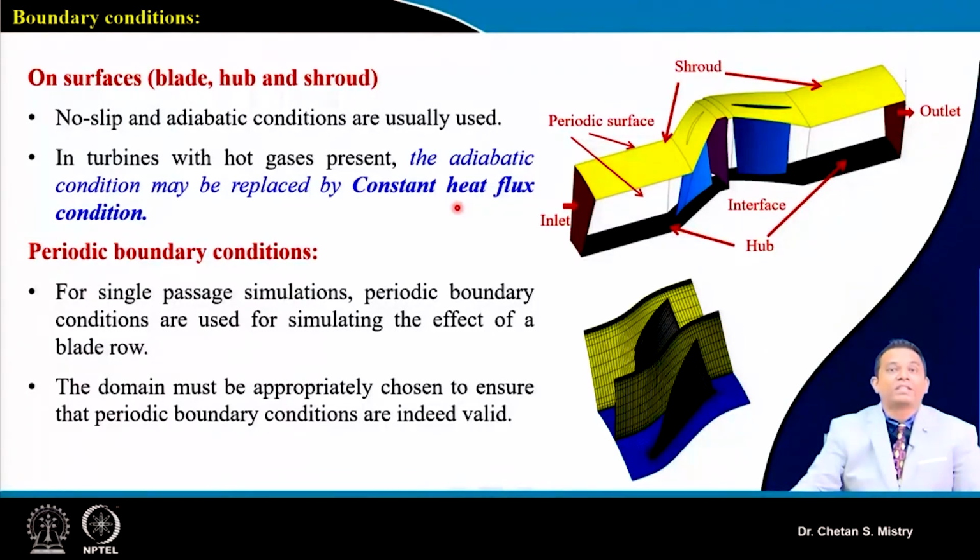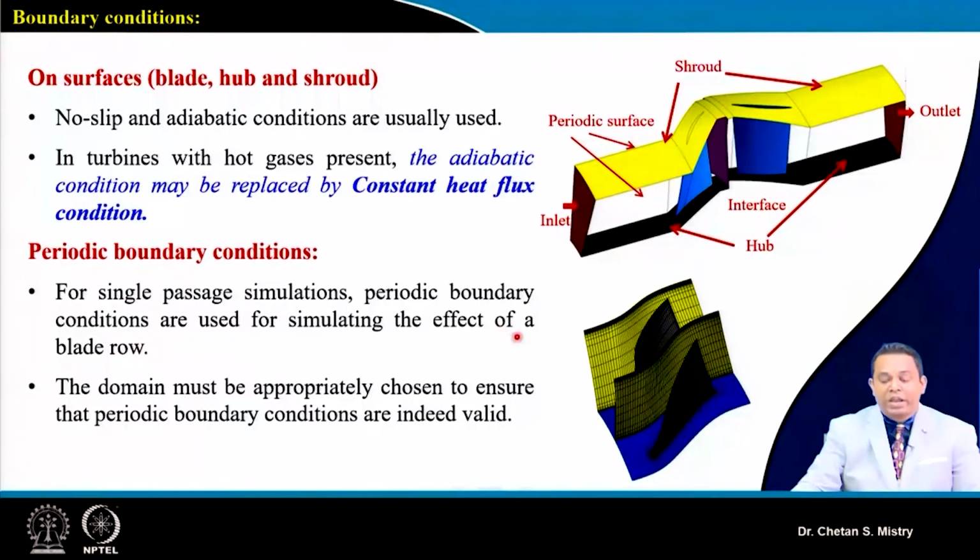Now next is your periodic surface. As we have discussed, this is representing my periodic surface 1, this is my periodic surface 1. That is used to exchange the data between the blade passages. So this is used for simulating the effect of the blade row.